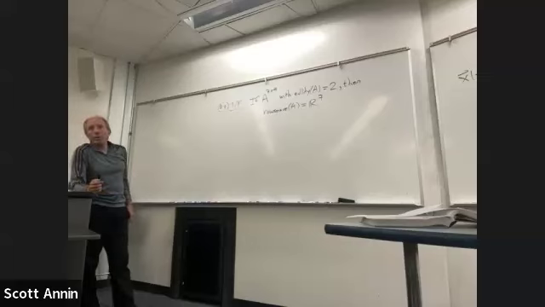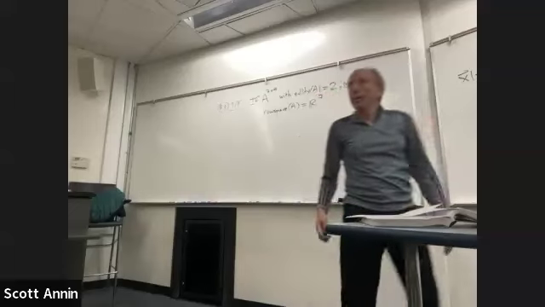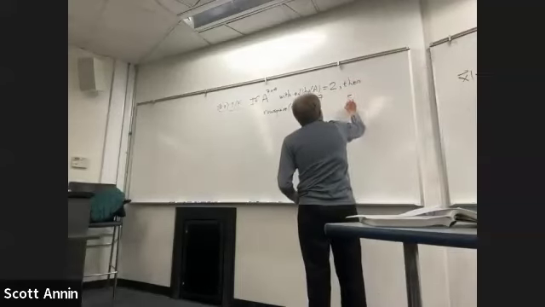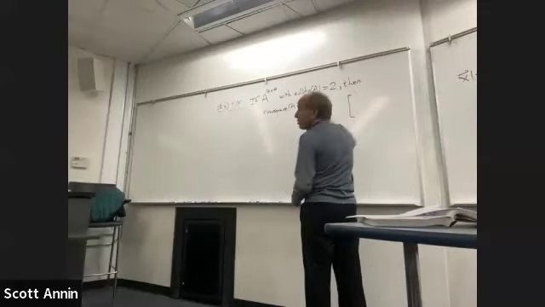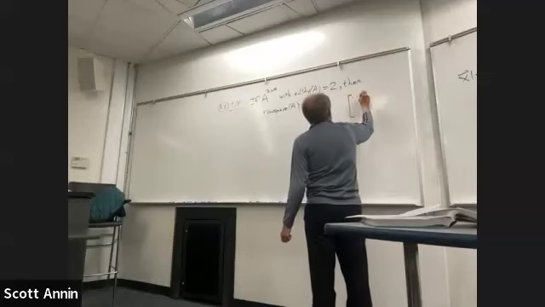I'd like to review the background behind nullity and row space. We have a 7 by 9 matrix. Sometimes I will even draw 63 dots on the board: 7 rows, 9 columns.